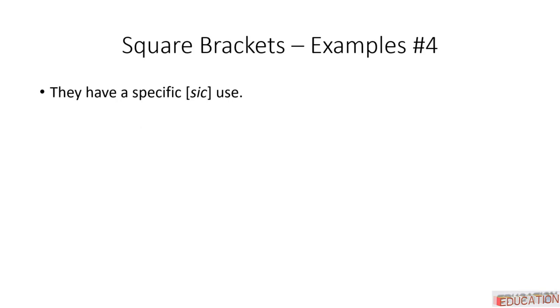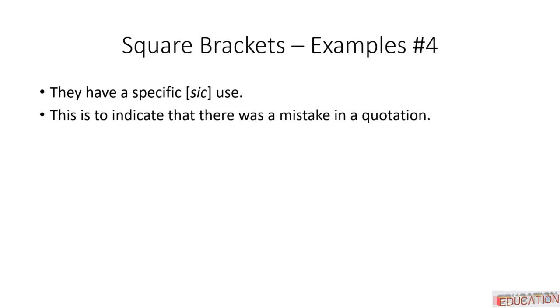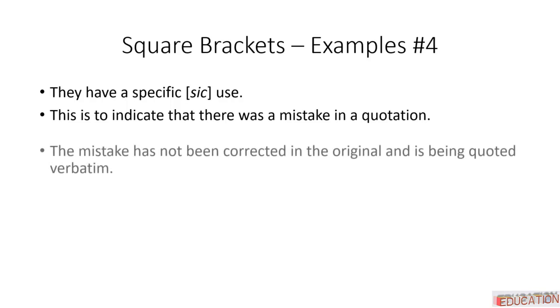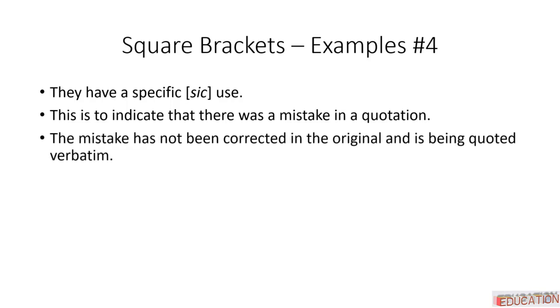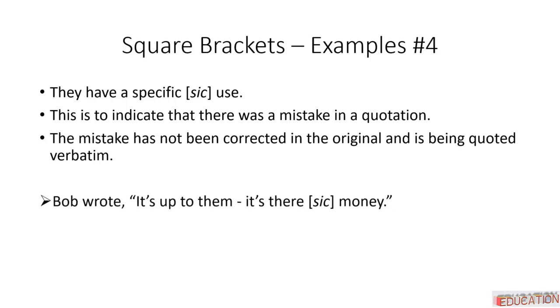And they have a specific [sic] use. Now this is used to indicate in a quotation that somebody made a mistake and that you're quoting verbatim. Right? You haven't corrected the quote. You're reporting it exactly as it was stated. Bob wrote, it's up to them.